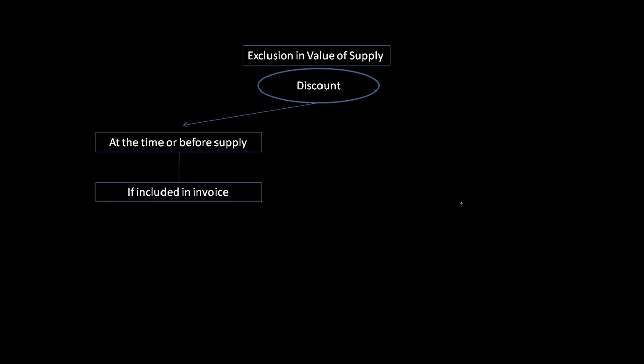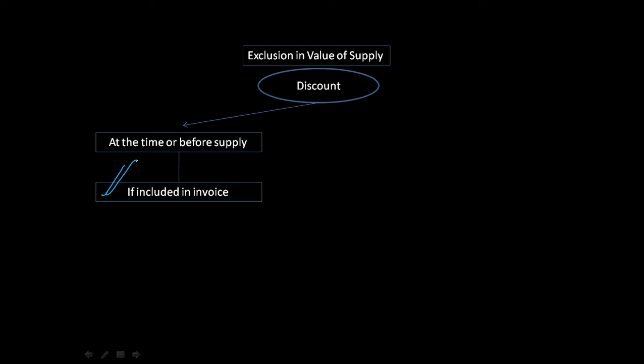Now let us try to understand this condition better. If included in the invoice, what is it trying to say? It says that the discount must be properly mentioned in the bill. There may be times when you have experienced that you purchased some product, maybe a 10,000 product was given to you for 8,000, but the bill says 10,000.